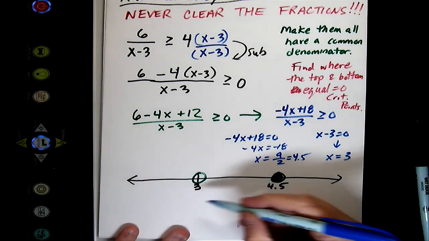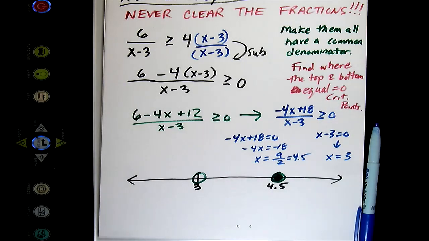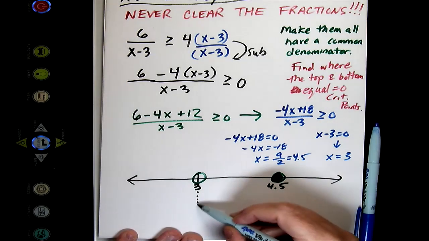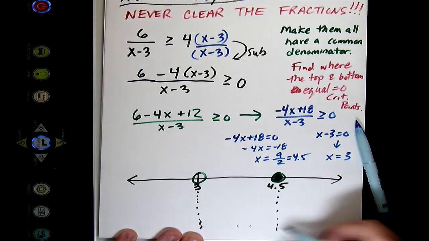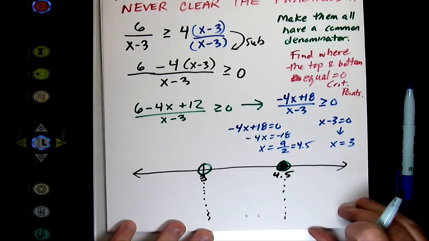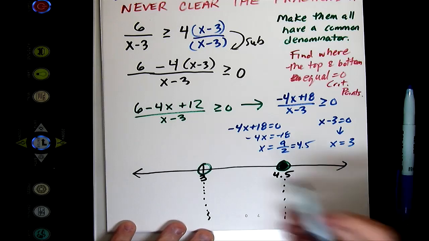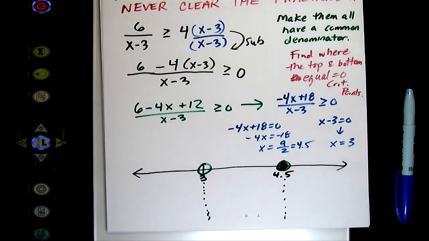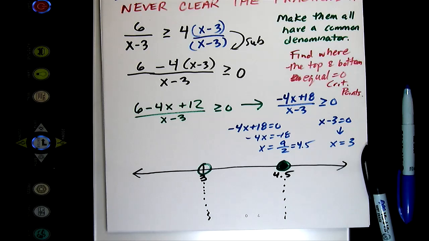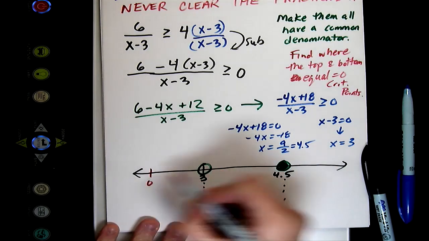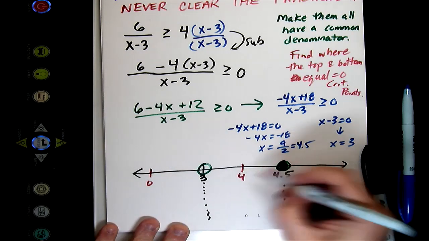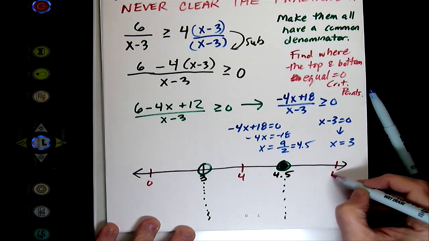Now we just got to check regions again. There's no escaping this. So 0 is on the left. This sucks because I gotta pick a number that's close to both of them in the middle. I'm gonna pick a whole number. I'm gonna go with 4, and we'll go with 10 over here.